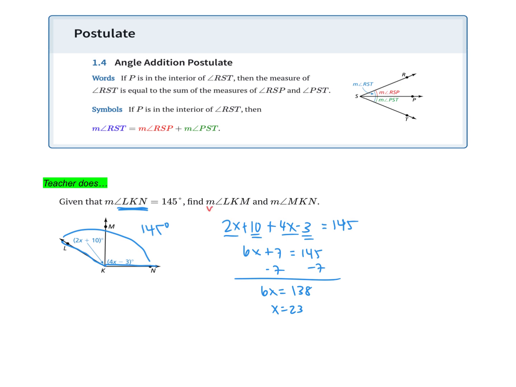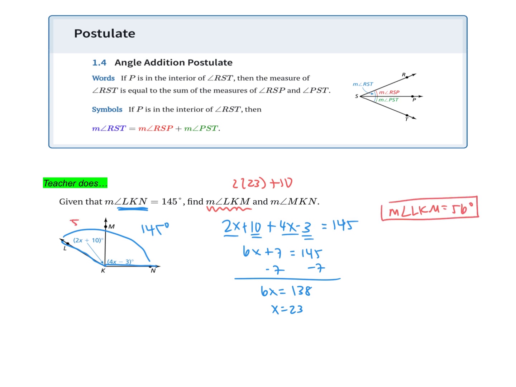Chloe, which angle is LKM? Is that the one on the left or the one on the right? Left. Okay, so LKM, this one right here. So if I take 2 times 23 and I add 10, so this will be 46, add 10. So the measure of angle LKM then is 56 degrees.